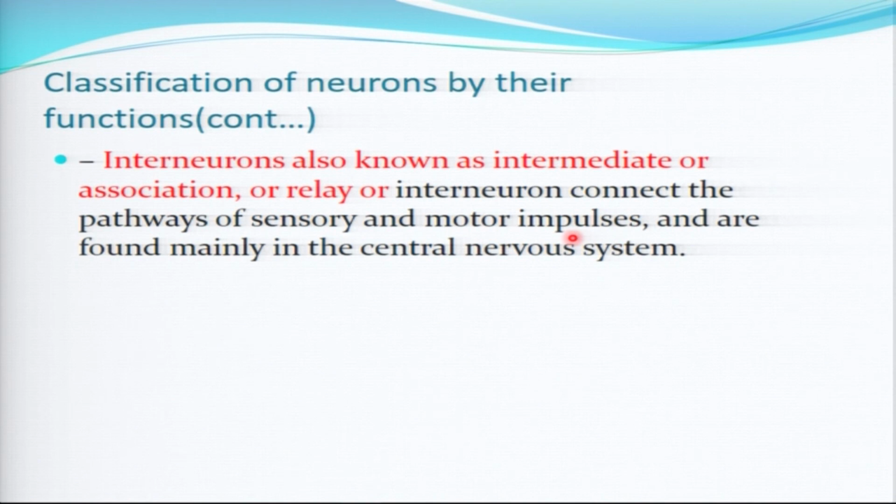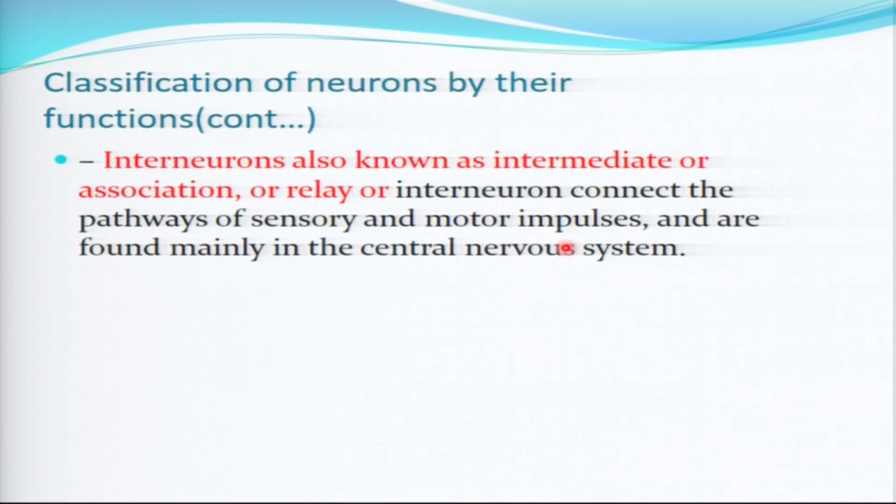So it is a connection between the sensory and the motor neurons. They are found mainly in the central nervous system. Those interneurons are there just to connect the impulse that comes from the sensory receptor and the impulse that will come from the central nervous system.